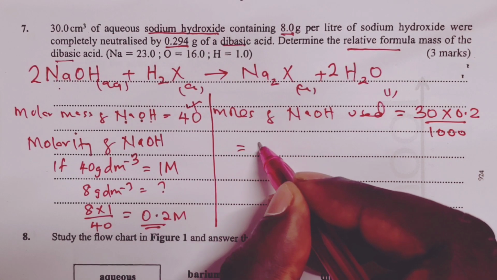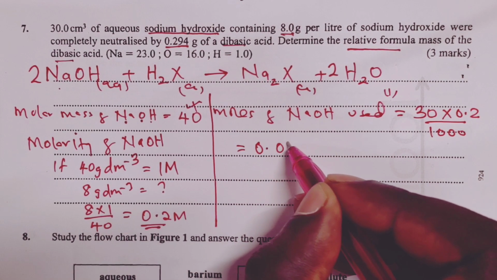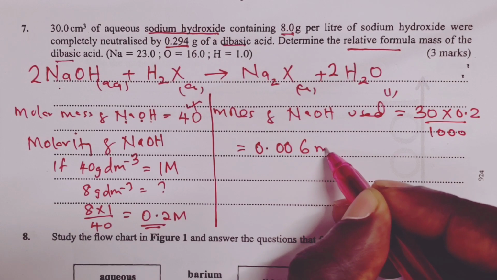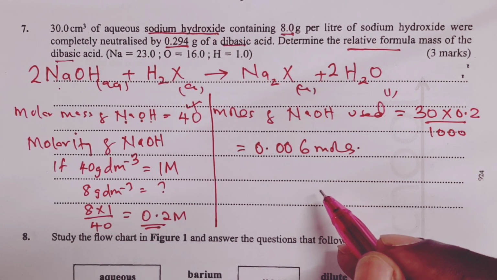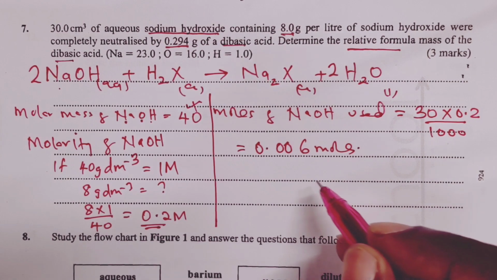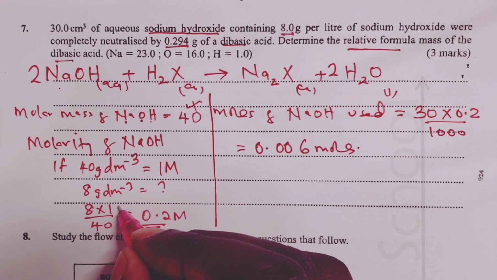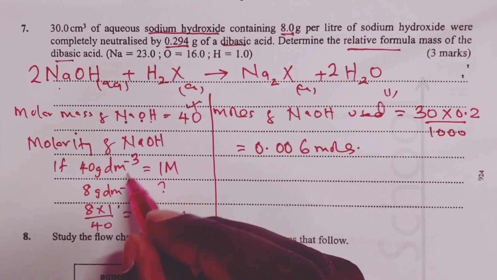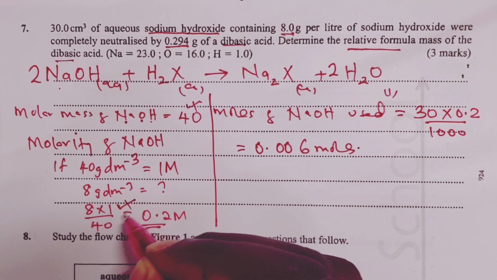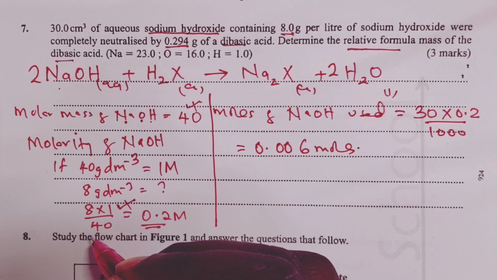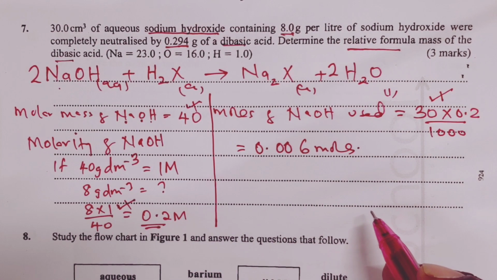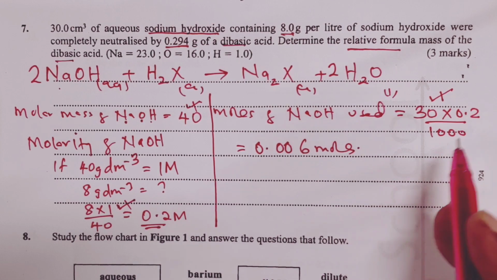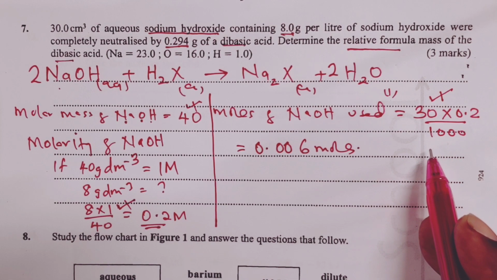That would give us 0.006 moles. Before we proceed to the acid, let us mark this work first. Having scored half mark for molar mass, we would give another half mark for the division by 40, and another half mark for multiplication by 0.2 and then dividing by 1000.